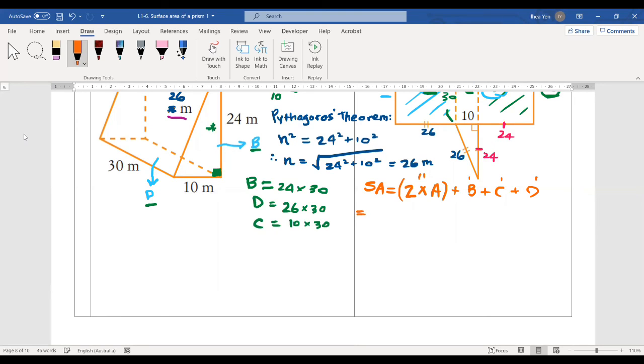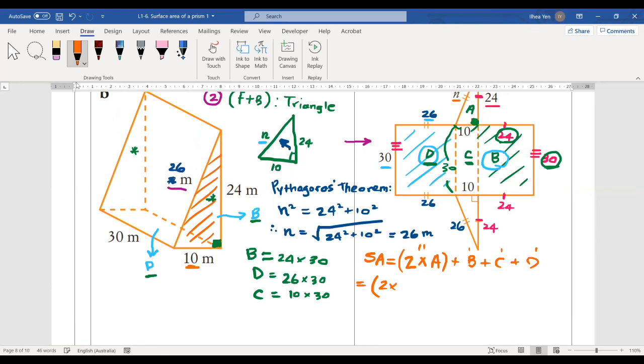Now I'm going to put all the measurements in here. 2 times, my base is 10, my height is 24, so half times base times height. That's my 2 triangles, plus B. My B is 24 times 30.